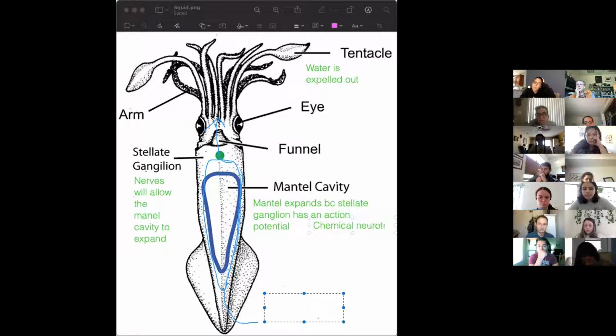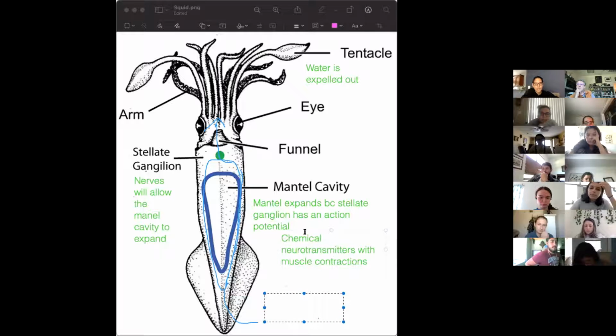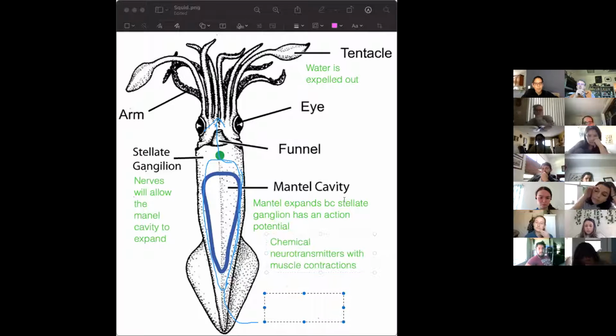Because that's what I associate with muscle contractions. But maybe the way that chemical transmitters work is, I mean, that could be a very good idea, but why chemical? So again, what I said is this doesn't have to be perfectly biological in the sense of what the squid does, but it does have to be logical. So what does the chemical give?